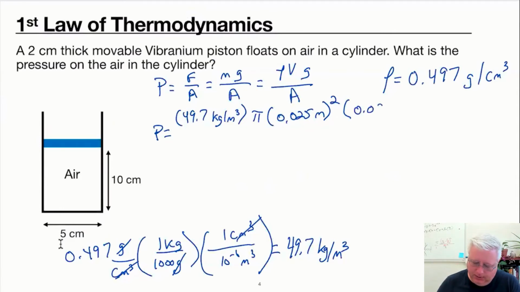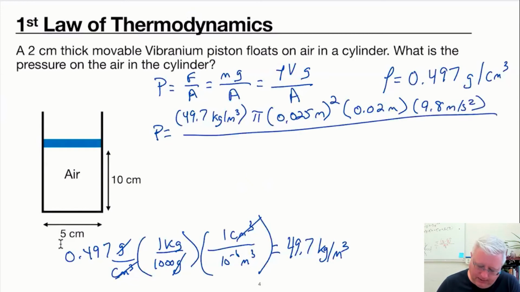That's going to be 0.02 meters, and then times gravity, over the area, which is also pi r squared. So we see that our areas essentially cancel.